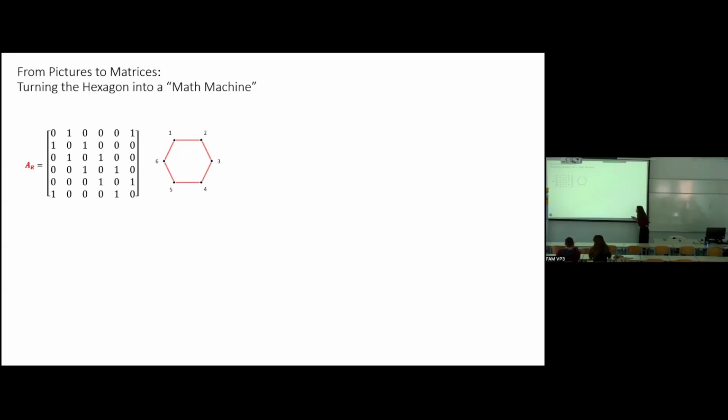The first row should contain 1 in the positions that, in the graph, represent the red connections. Vertex 1 has two red connections, these edges, that take us to vertices 2 and 6. So I put 1, replacing the 0, in the second position and in the sixth, and so on.